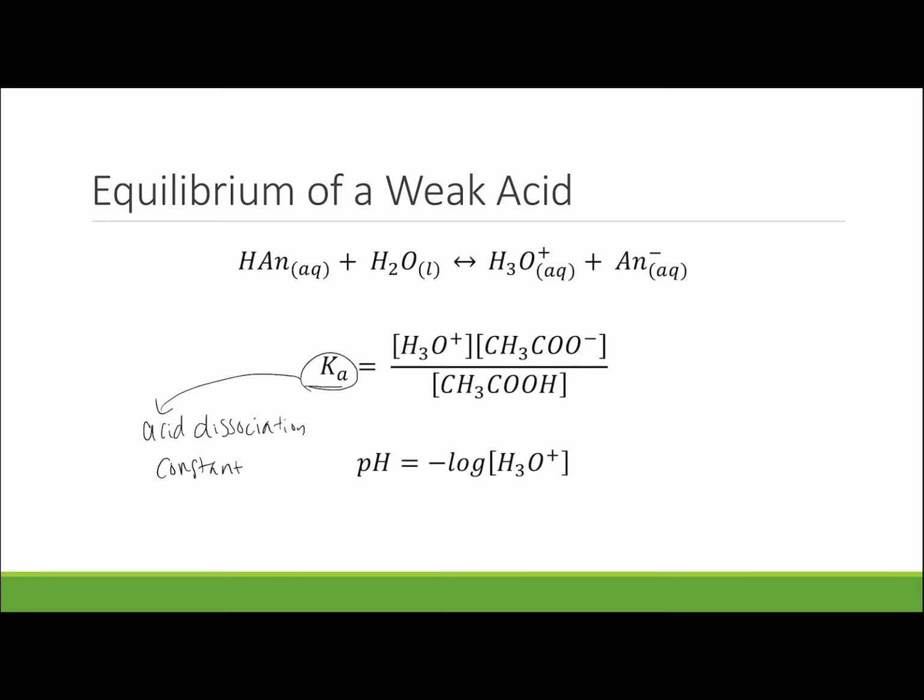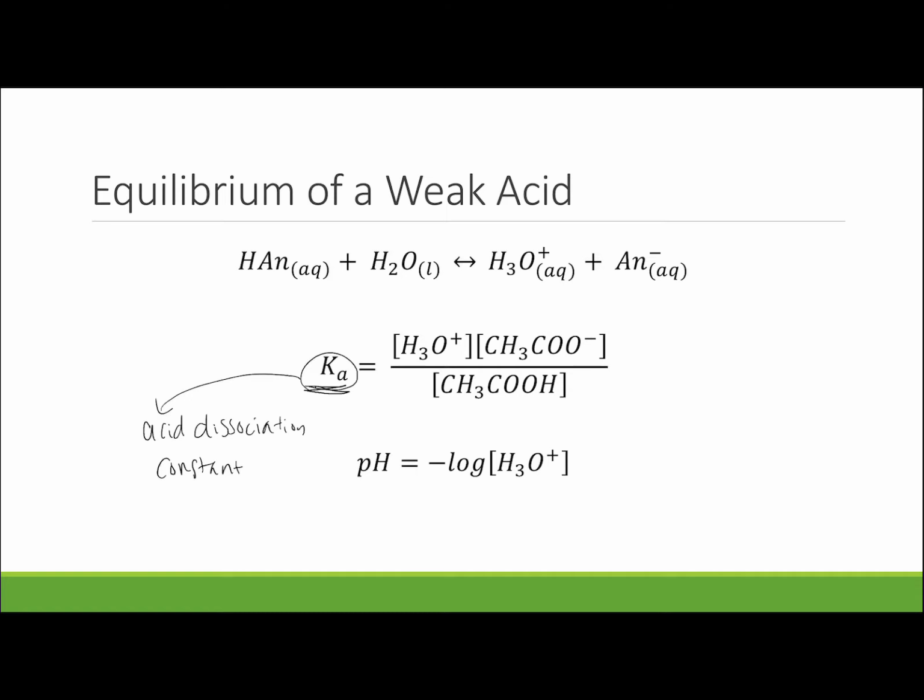For most, if not all, known weak acids, we have a Ka value known. So if you already know that Ka value, you can calculate how much of your hydronium, your anion, and your weak acid you actually have in solution.